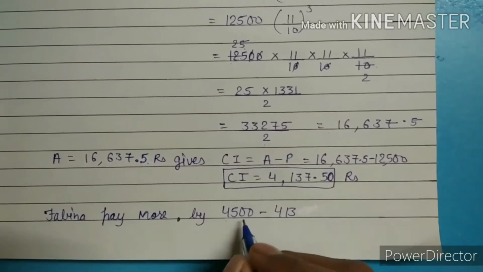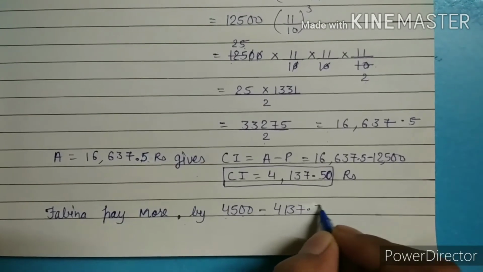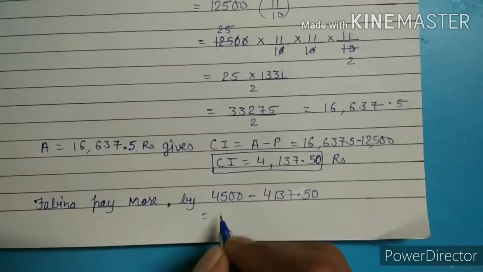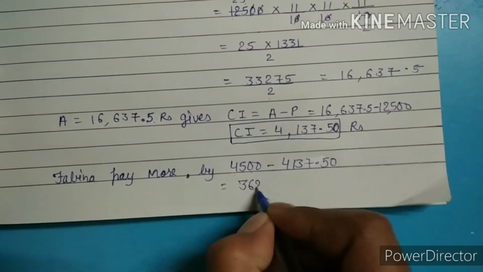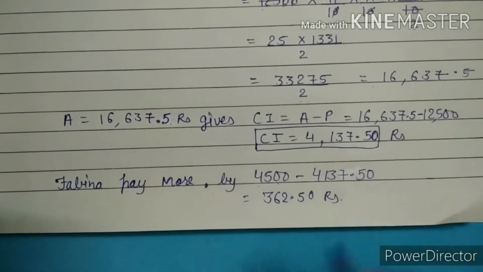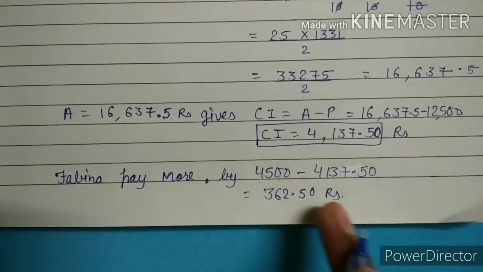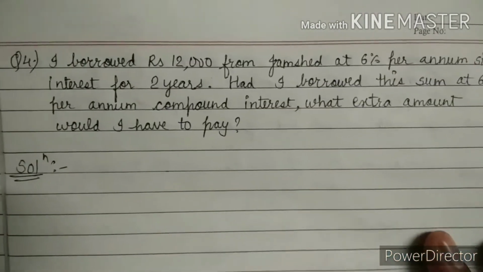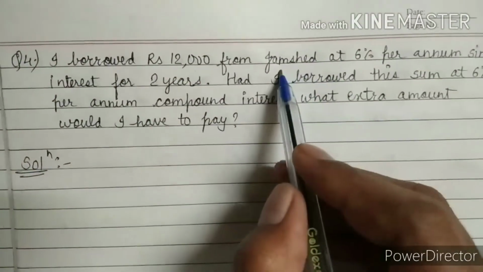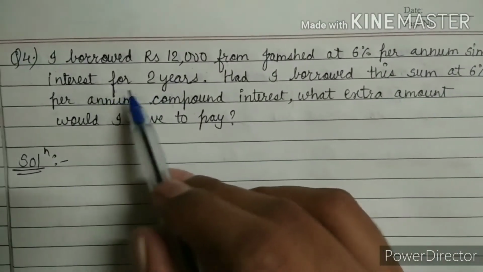By how much? 4,500 minus 4,137.50 will give us 362.50 rupees. So Fabina is paying more by 362.50 rupees.